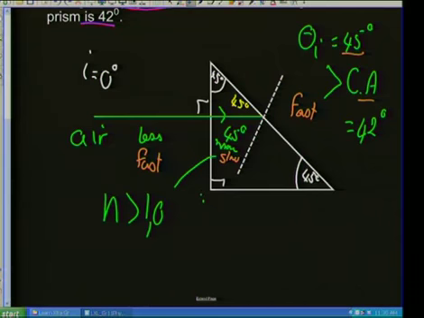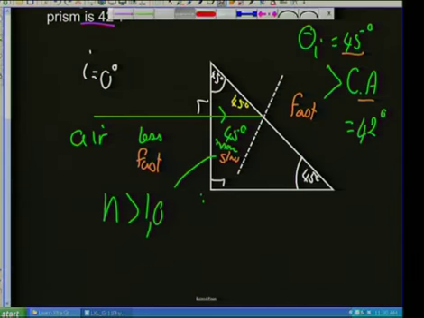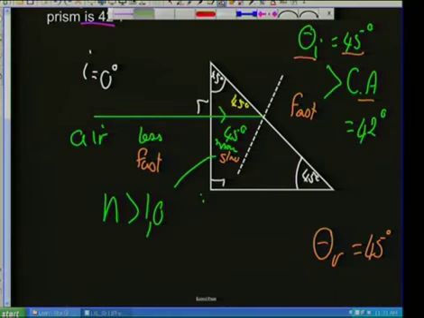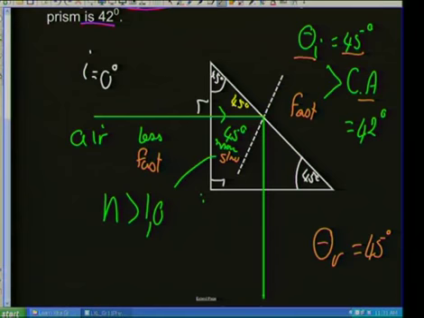And so what do we know about the laws of reflection? The laws of reflection tell us very clearly that the angle of incidence, which we already know was 45 degrees, has got to be equal to the angle of reflection. So we know that the angle of reflection on the inside has to be 45 degrees, which means that when we draw in our reflected ray at this point, it's going to form a 90-degree angle on the inside there.